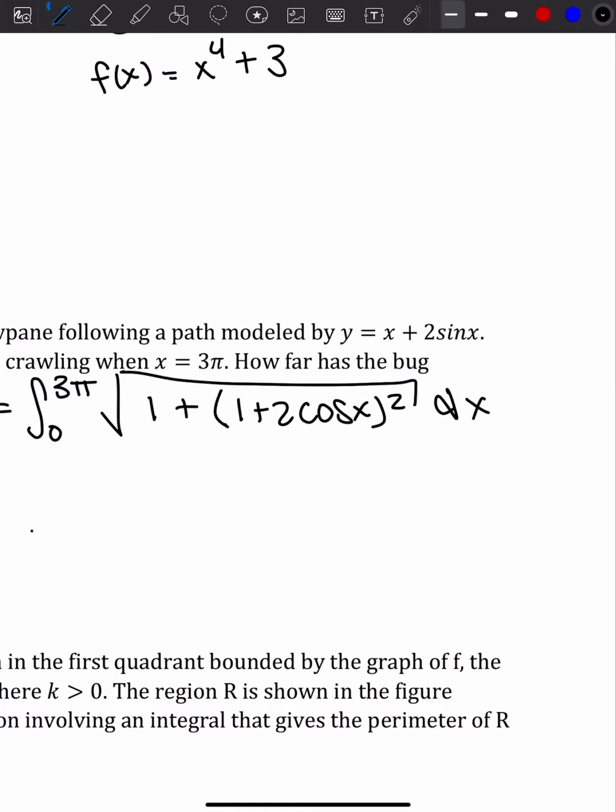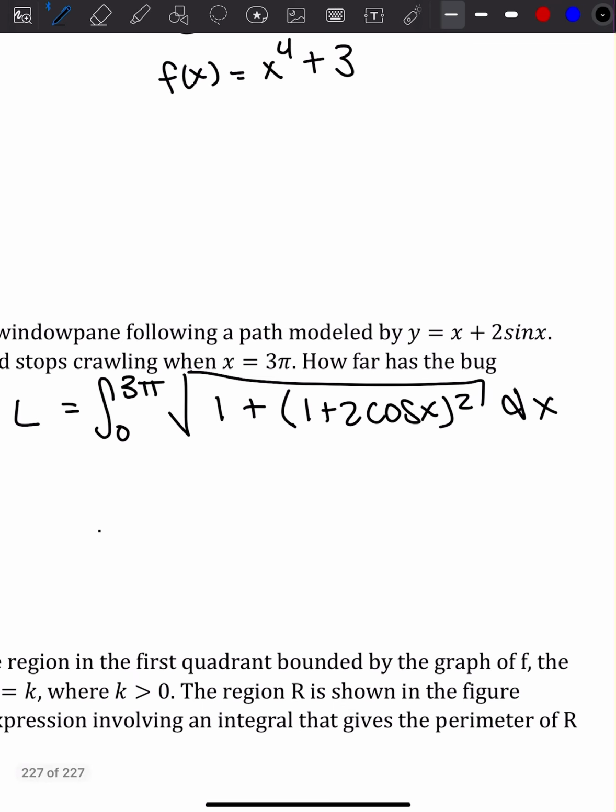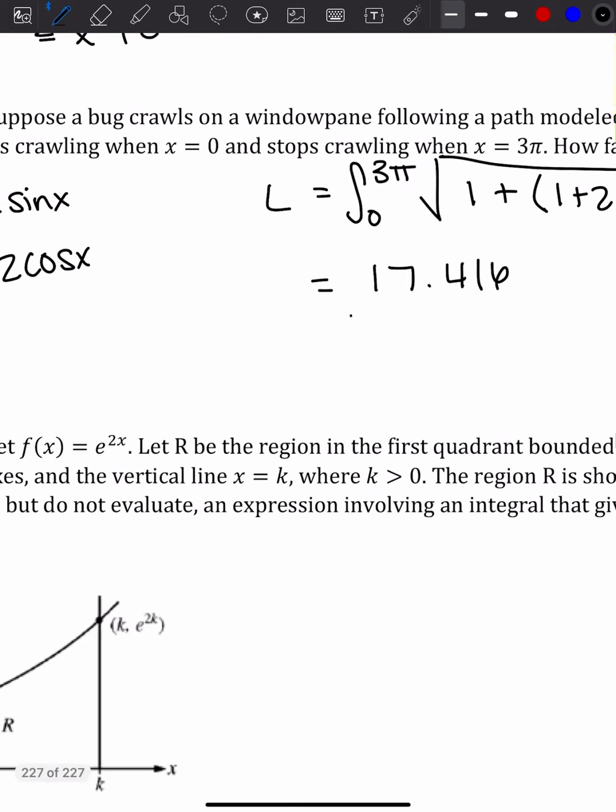We would then plug this into a calculator or simplify and integrate. This looks like it would potentially be a calculator problem to me, so we would plug this into our integration symbol on our calculator, and we would get 17.416. So this one you have to know what it's asking for to know that it's asking about arc length.